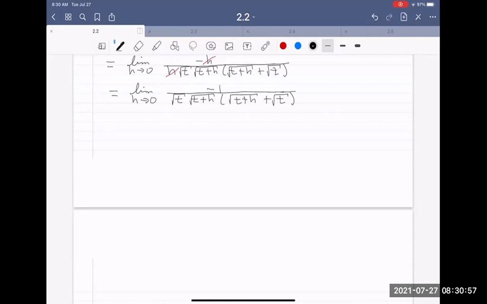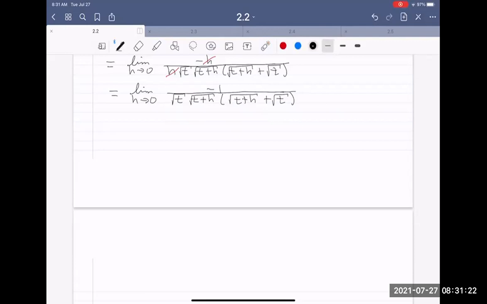Okay, so now let's plug in h equals 0. If I do that, the numerator is still negative 1. Radical t is still radical t. Radical t plus h becomes radical t. Radical t plus h becomes radical t. And radical t remains radical t.